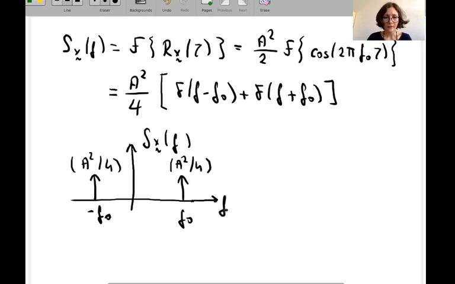Now we are asked to inspect some of the properties of the power spectral density. In the last lecture we saw that for any random process, no matter if it's real or complex, the power spectral density always has two certain properties. It's always going to be real, so Sx of f cannot be a complex function. Remember, usually the Fourier transform of causal signals could be complex valued, but in this case, the Fourier transform of the autocorrelation function in particular cannot be complex valued.